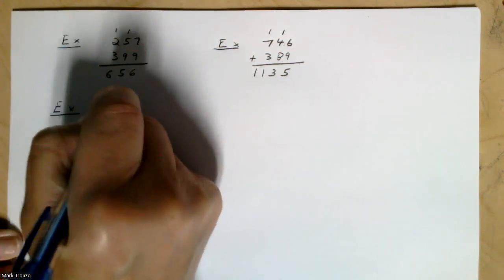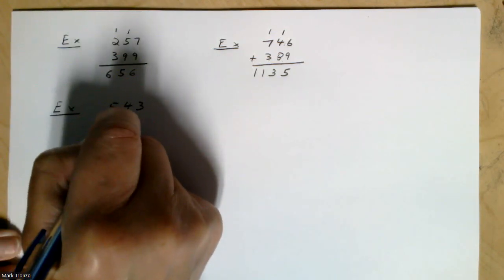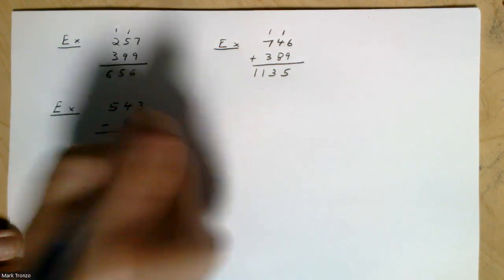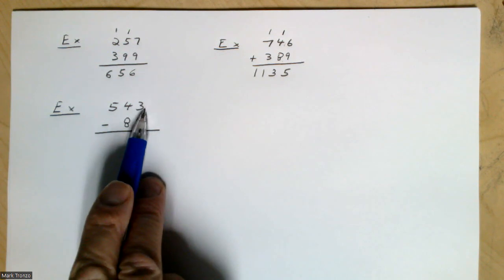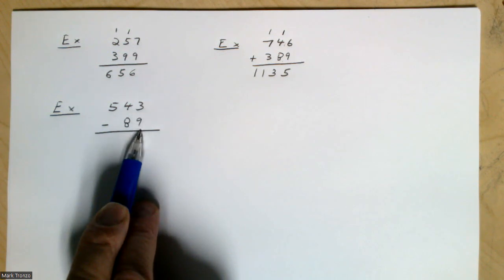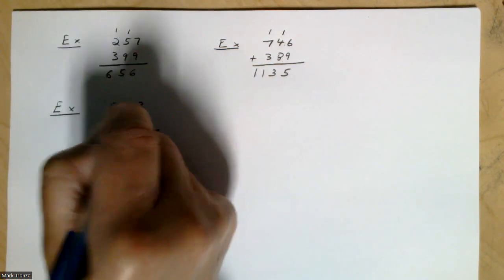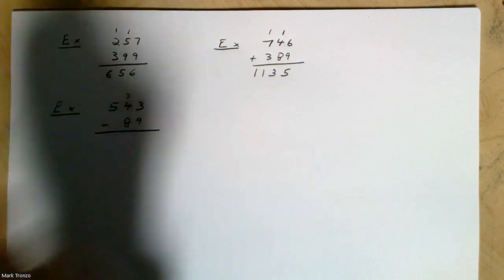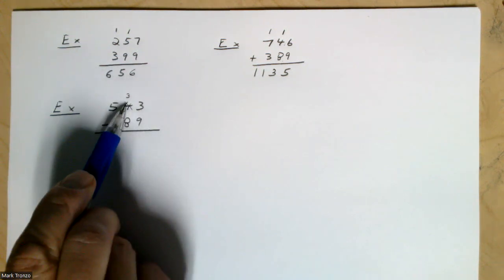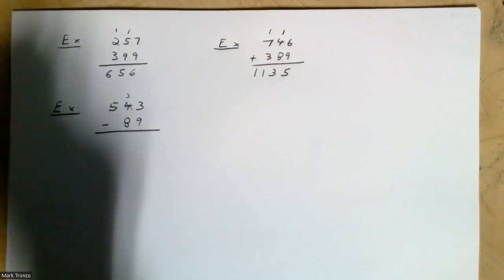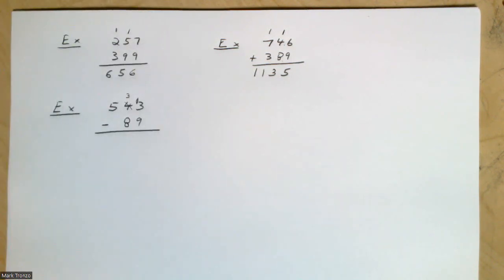Let's start with 543 and subtract 89 from that. Now, if we try to subtract here, of course, 3 is much smaller than 9, so we're going to have to borrow from the next number. So again, we're going to cut this down to 3. And of course, remember with decimal numbers, you're always borrowing 10. So if we borrow something from here, we're actually borrowing 10. So it's going to make 3 plus 10, which is 13.